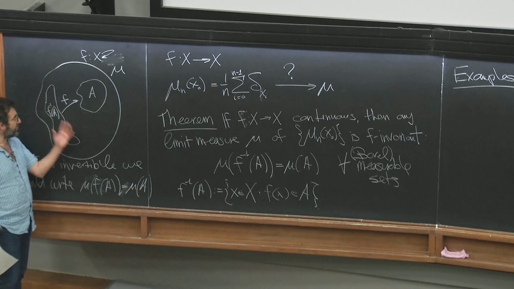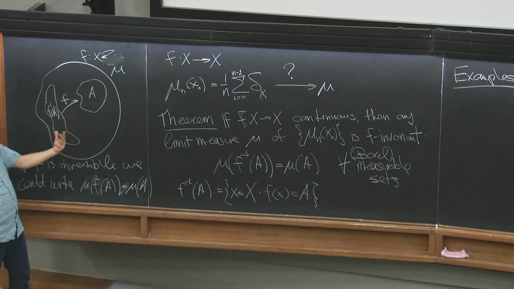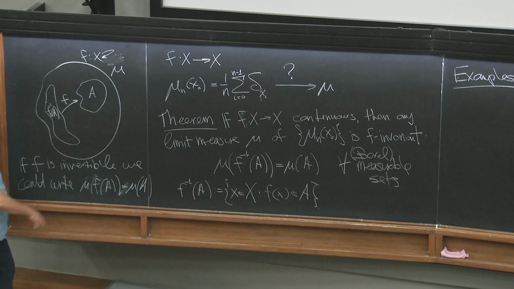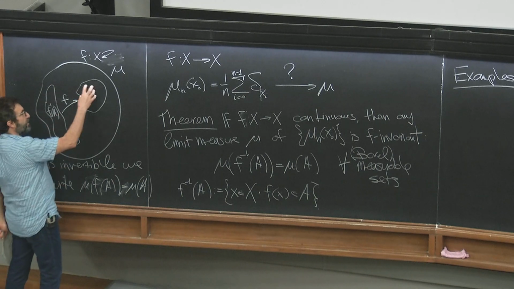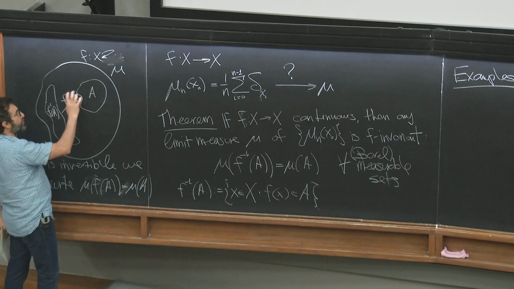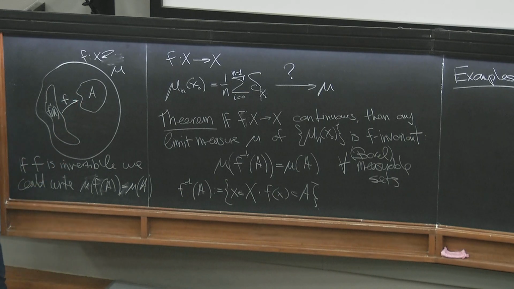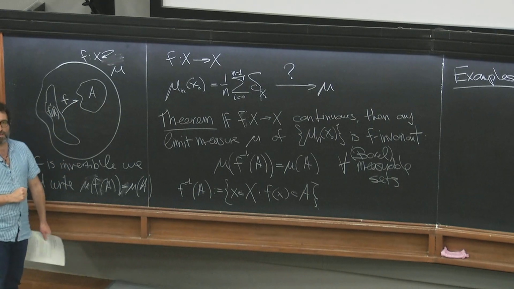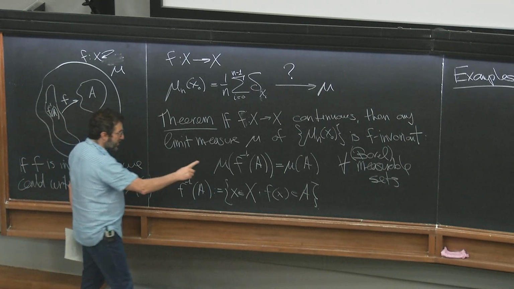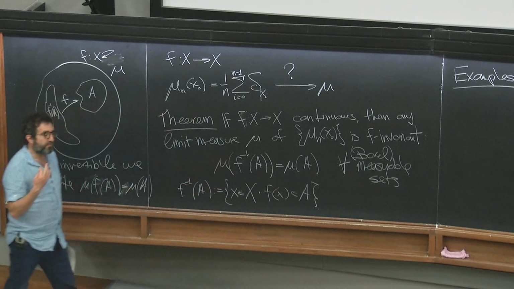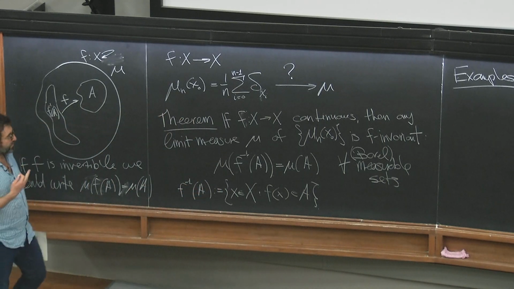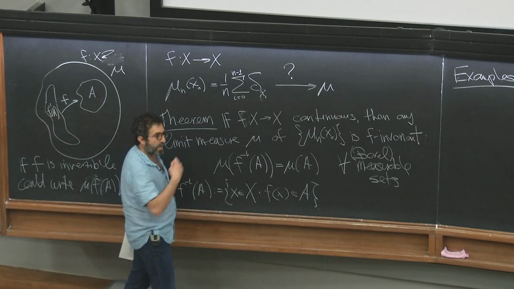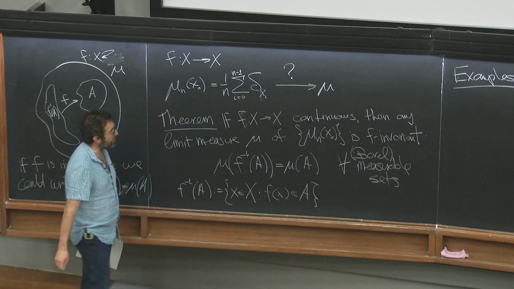If f is invertible, then it's a bijection, and saying that the measure of A and of the preimage of A are the same is exactly the same as saying that the measure of one set is equal to the measure of its image. But if f is not invertible, then the two are different, and we will see an example in a moment that shows why this is the correct definition. If you were starting with some definition, you'd maybe say, okay, I want the measure to be preserved under forward iteration, but this is the natural condition.